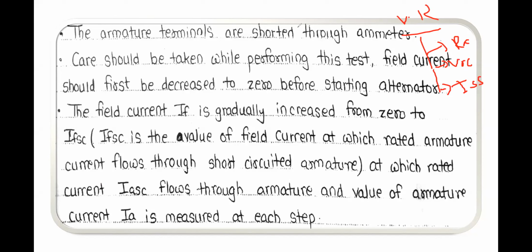So this is the way we can calculate armature resistance, VOC, ISC. After calculation of these 3 components, I start the main techniques or main methods.